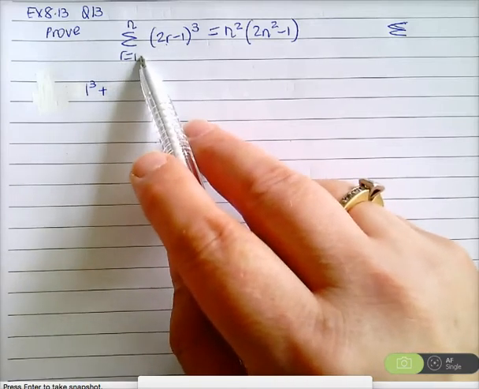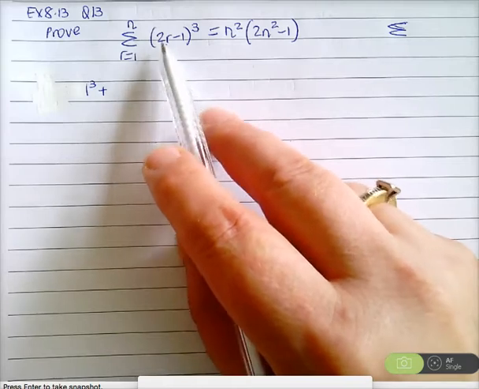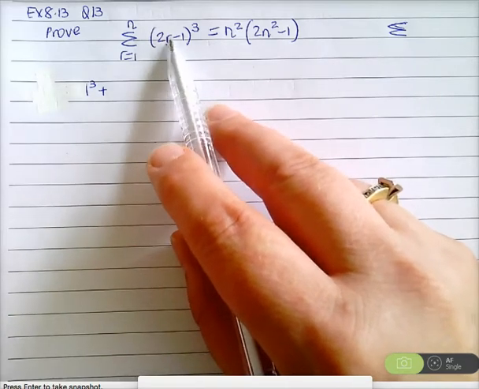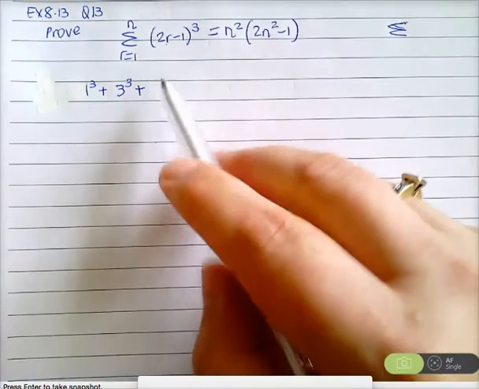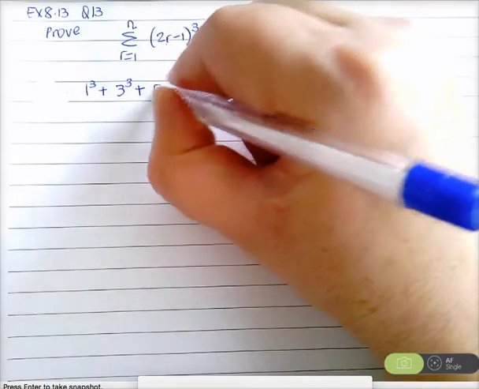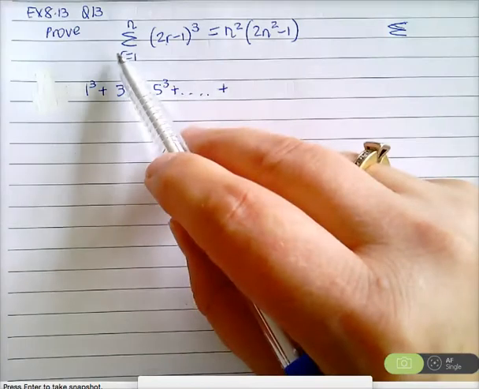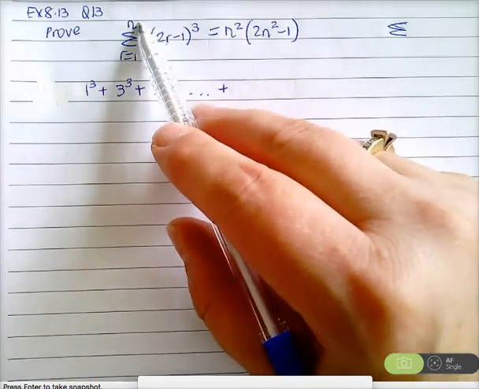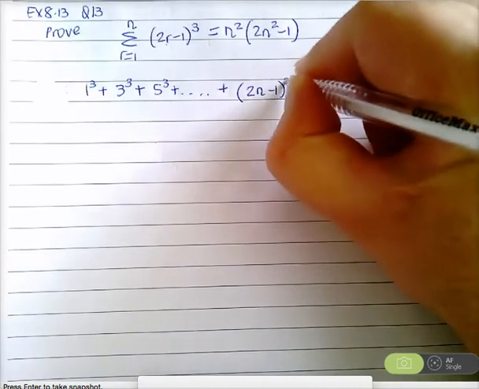This starts from r is 1 all the way up to r is n. The next one would be r is 2. When r is 2, we've got 4 minus 1 is 3, plus 3 cubed. Plus, when r is 3, we get 5 cubed. Now that's enough. Plus all the way up to, we're going all the way from r is 1 up to r is n. We'll replace the r now with n, 2n minus 1 cubed.